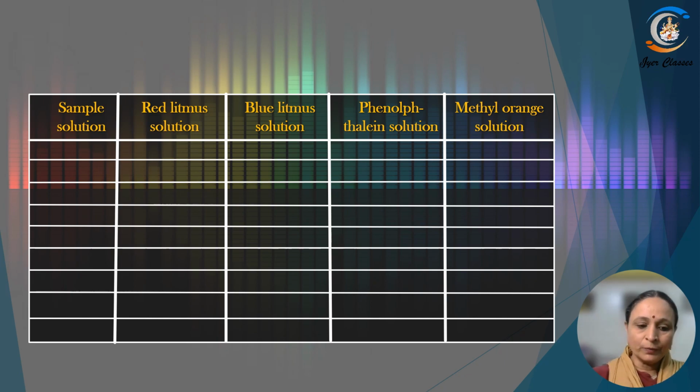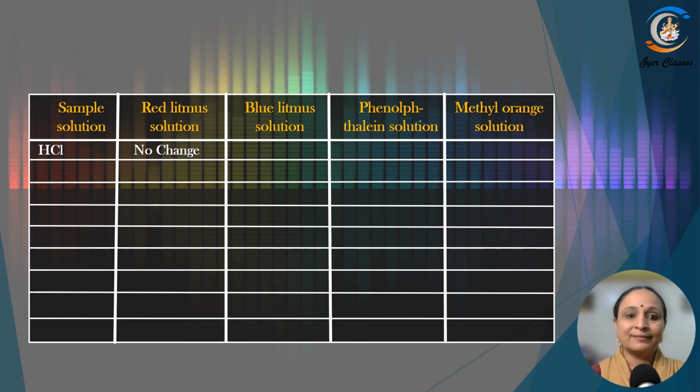So I'm going to give you some samples now. And you are going to tell me what happens when each is put into red litmus solution, blue litmus solution, phenolphthalein solution, or methyl orange solution. Let's start. HCl. HCl is, yes, acid. What happens when it is put into the red litmus solution?